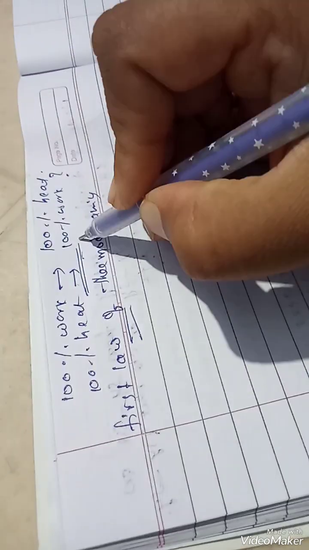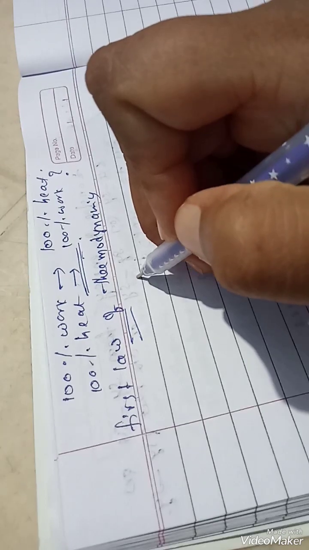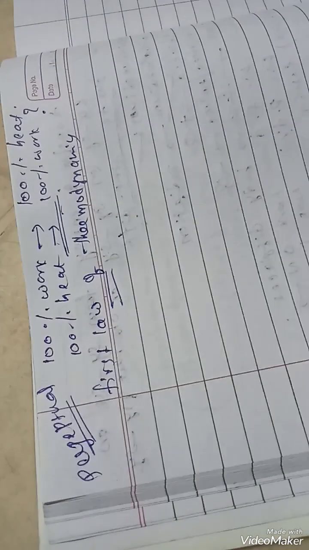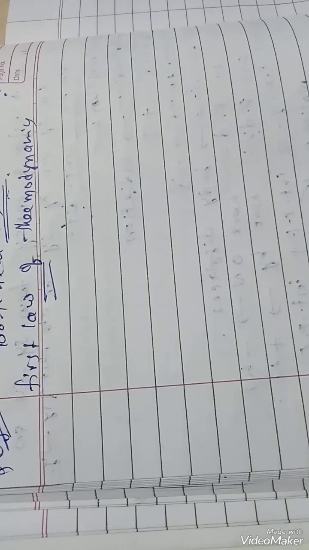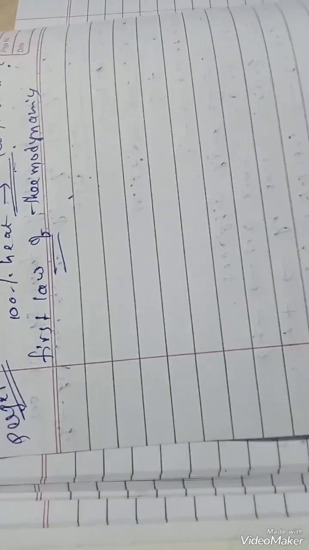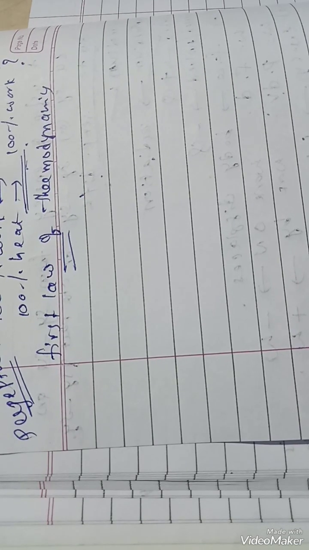To explain this only, these laws came forward. So these laws say that perpetual machines do not exist. Right? So now let us see whether the 100% heat is converted into 100% work or not.